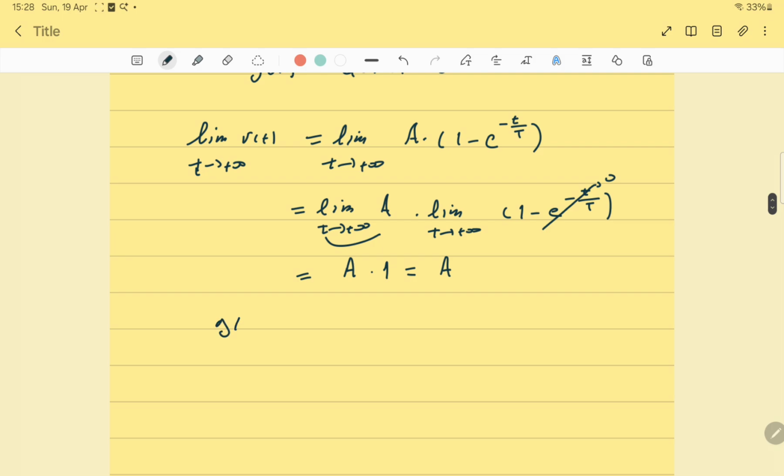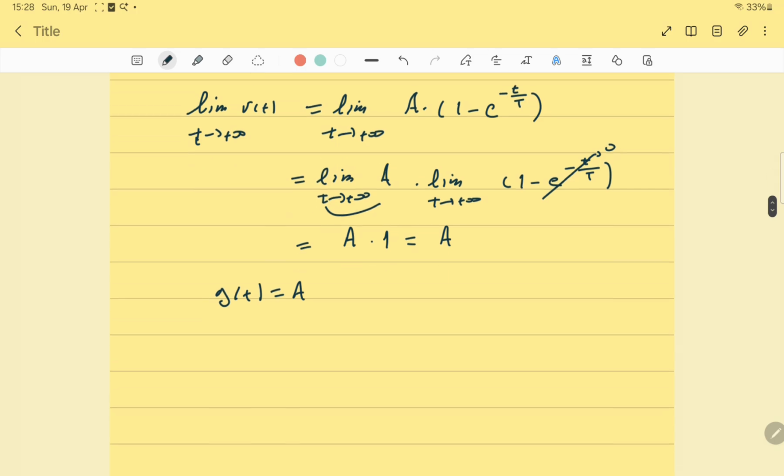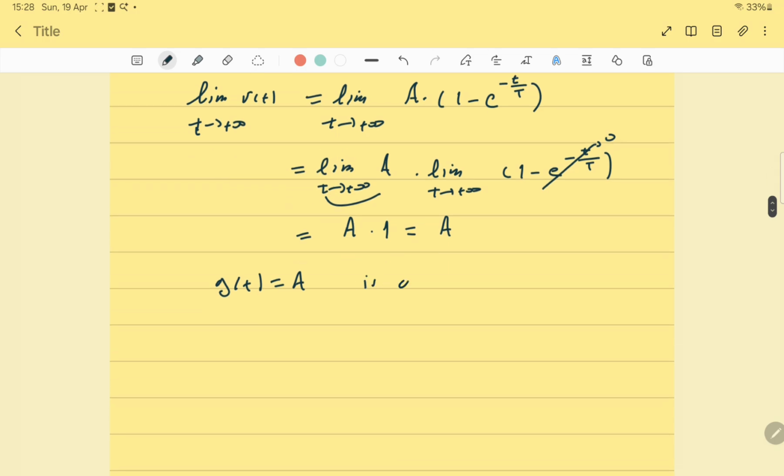So the function g of t equals A is a horizontal asymptote of the function v of t as t goes to infinity.